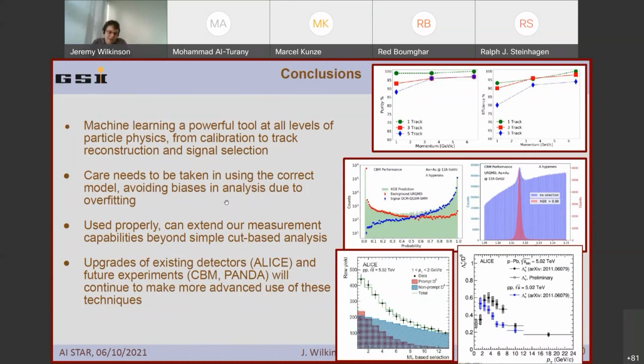We obviously need to take care to use the appropriate models in order to avoid biases in our analysis due to potential overfitting. But used properly, we can extend our measurement capabilities beyond the simple cut-based analysis that we were performing before. And then we have upgrades of the existing detectors and future experiments that will continue to advance our use of these techniques.